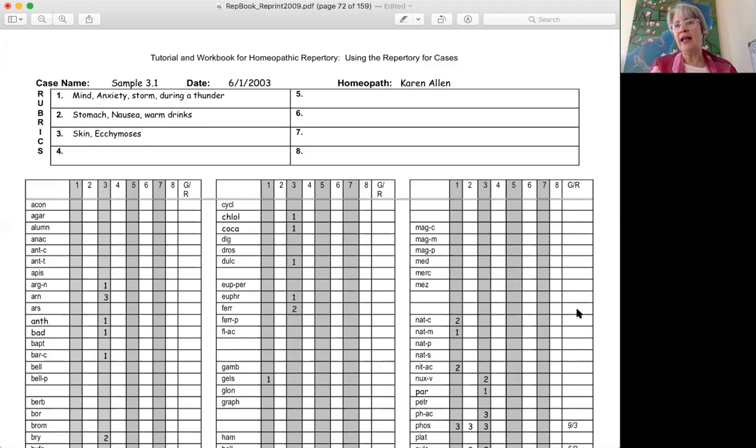This is all an informal way of doing repertorization, of using the repertory to point out to us for that specific constellation, this looks like Orion and Orion's belt.